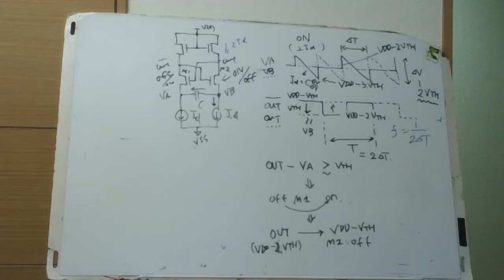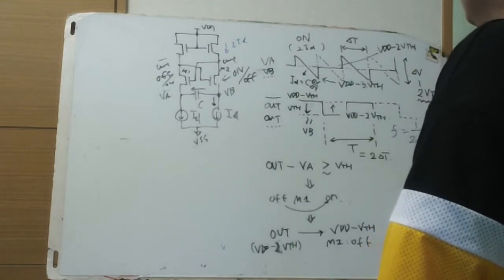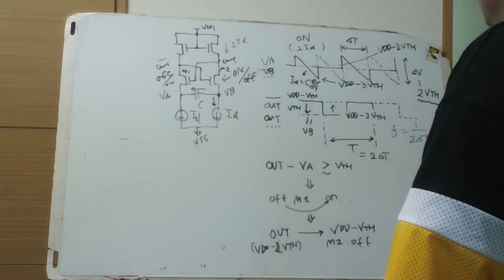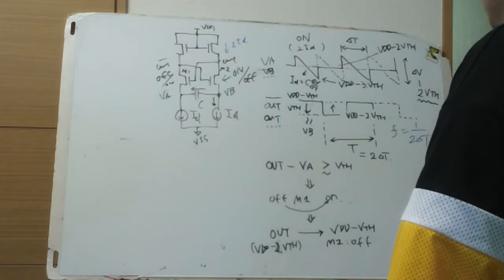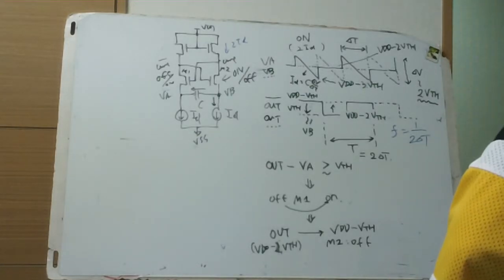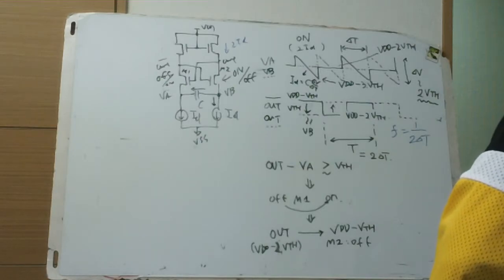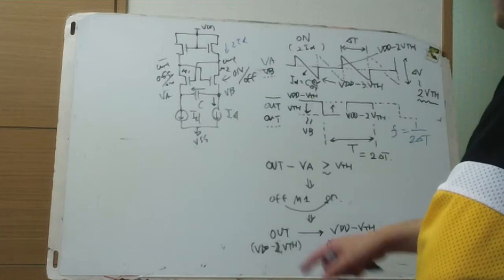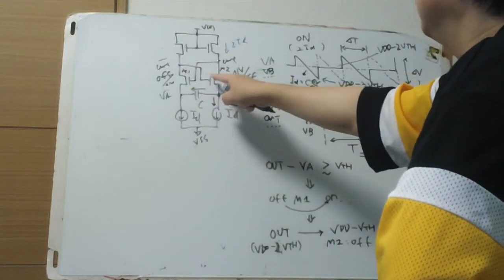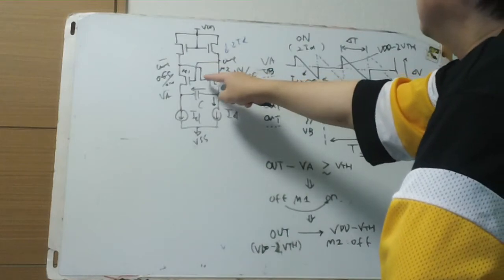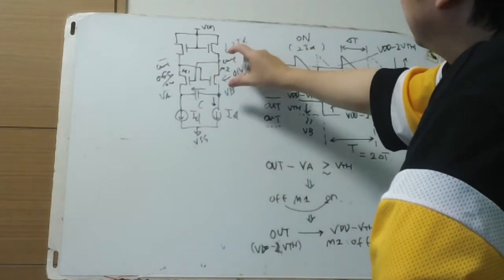where? Vout needs to be less than VTH from VDD minus VTH of outbar, because outbar is the gate of this, and this is on.